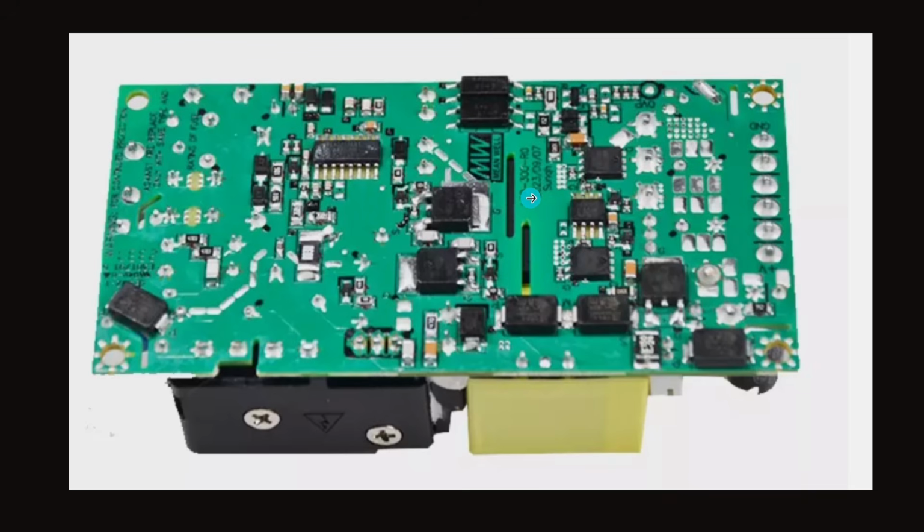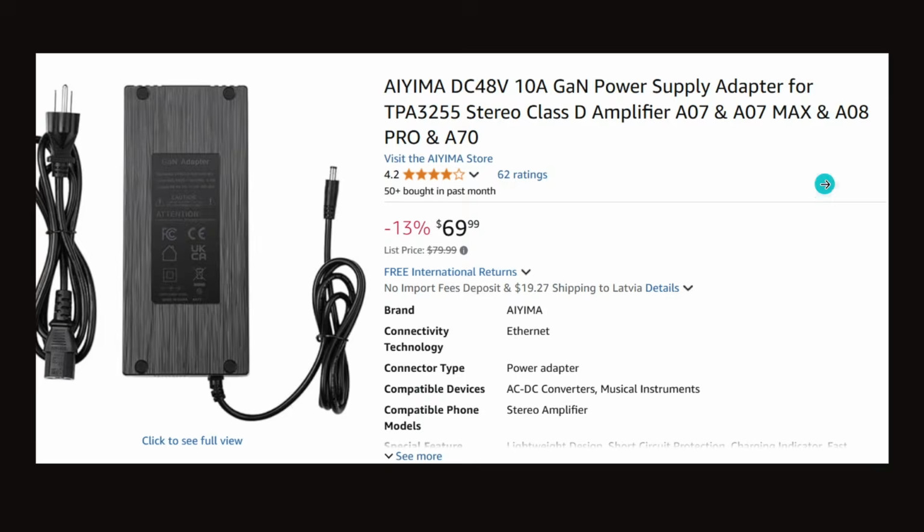It's not a cheap or budget board. It's a really great board.